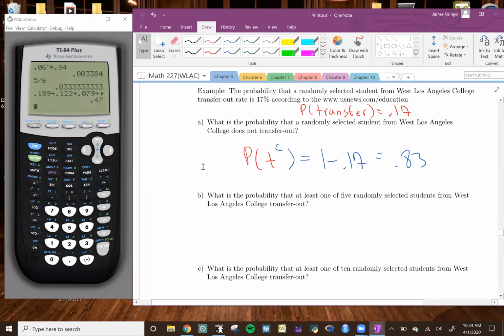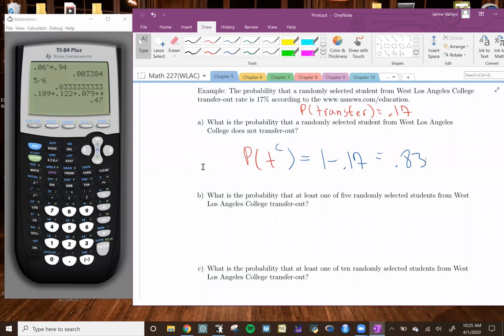All right, so let's do B. B says, what is the probability that at least 1 of 5 randomly selected students from West Los Angeles College transfer out? This is where we're going to be mixing in the multiplication rule and at least. For this one, how many randomly selected students are we trying to see transfer out?